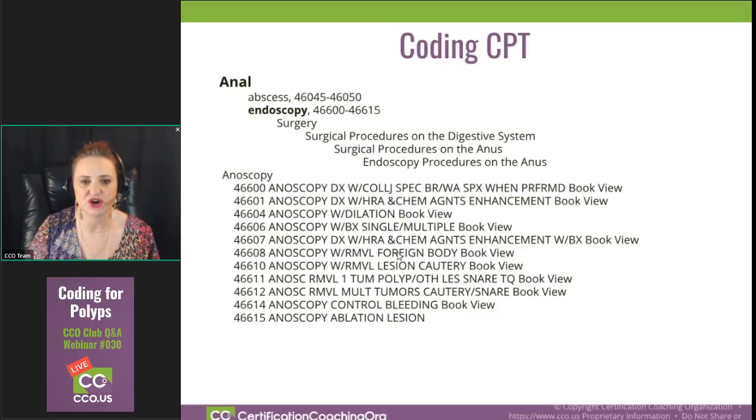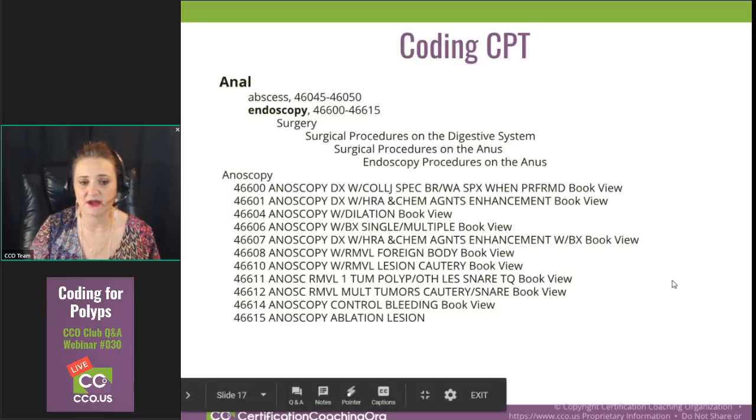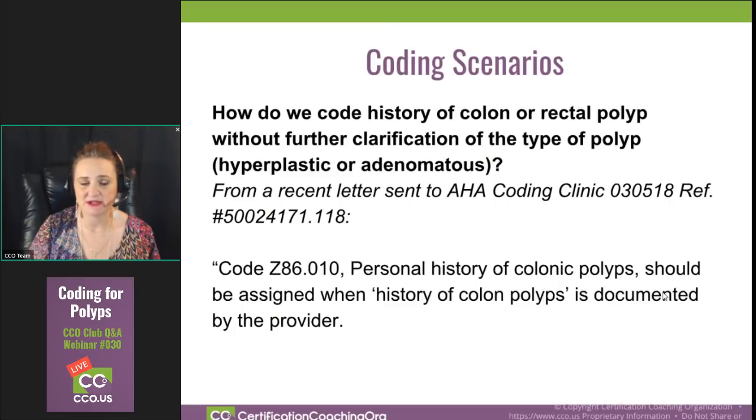But this is where you're going to start looking at removal of lesion, cautery, right? Polyp, other, via snare. Okay, so again, you're doing an anoscopy, and if you're doing rectal, you look up rectal, or you can look up colon. Okay, and you're going to get a list of the codes. I want to give you that heads up because I know that's frustrating.